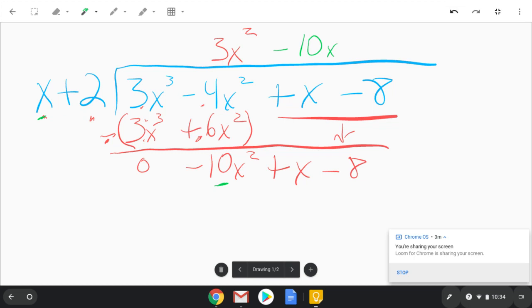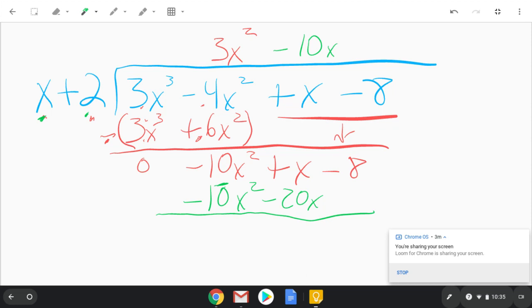Okay, so negative 10x times x gives us negative 10x squared, and negative 10x times 2 will give us negative 20x. All right. And then we're going to be subtracting that green one again.